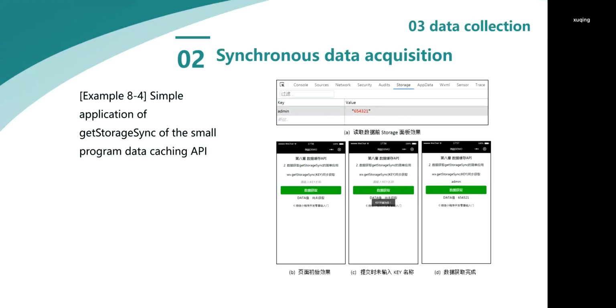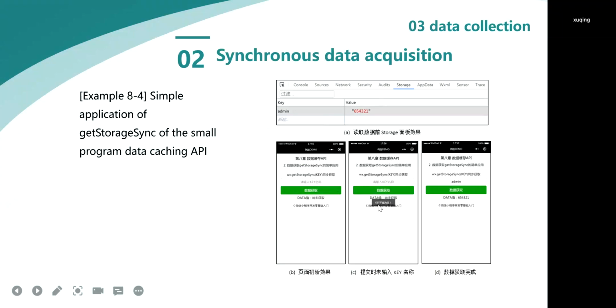Similarly, here A is the storage panel before compiling. In previous examples, we have also stored information. We may also add data, key and value, directly in this storage panel.